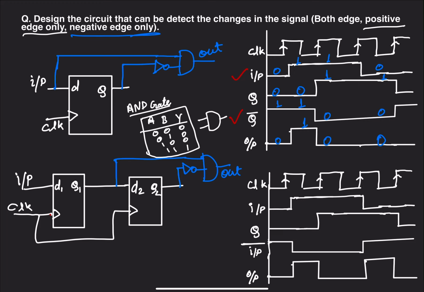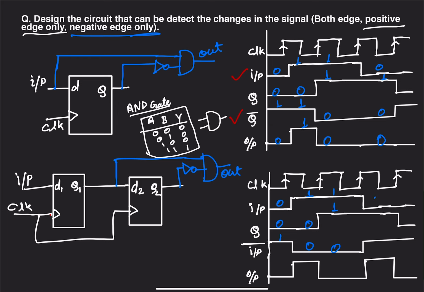Now going forward to the negative edge detection. So for the negative edge detection, if you look at the second graph, this is the same graph as this, but if you see, when input is 0, q is 0, input is 1, q is 0, and input bar is 1, and when input is 1, q is 1, and input bar becomes 0.